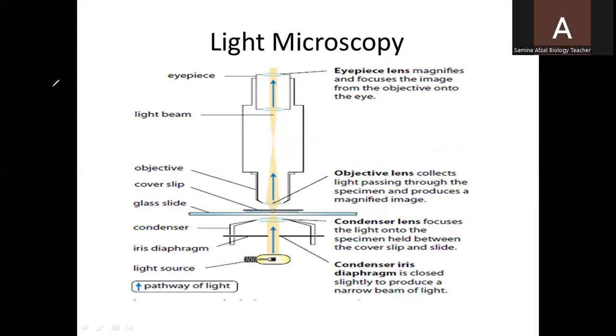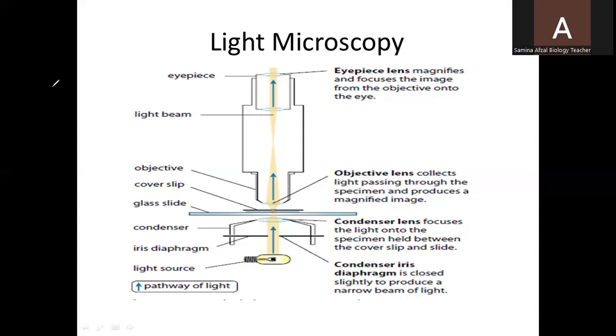First of all, we will start from the light source, where we can use a small bulb to provide us the light.